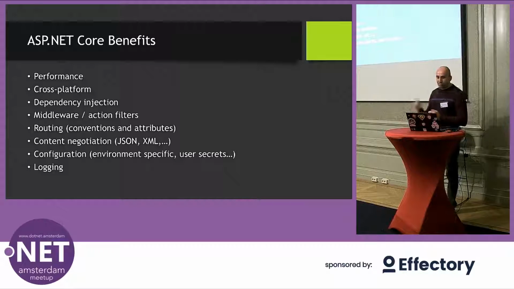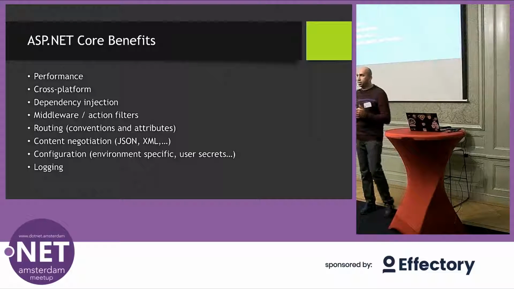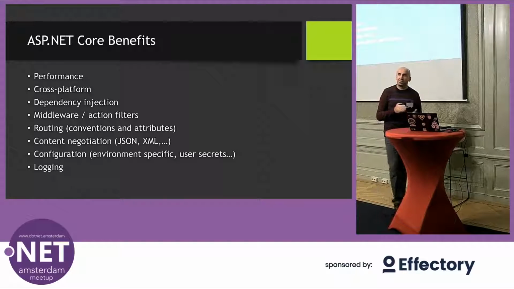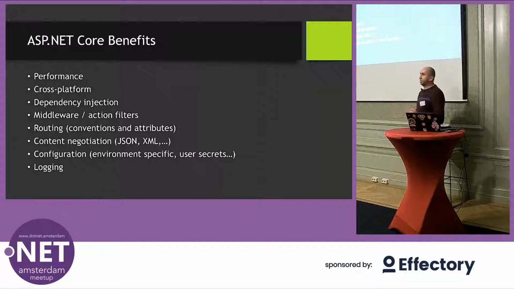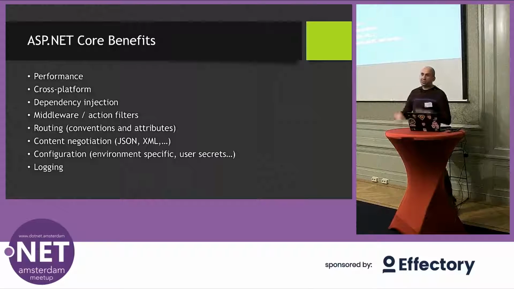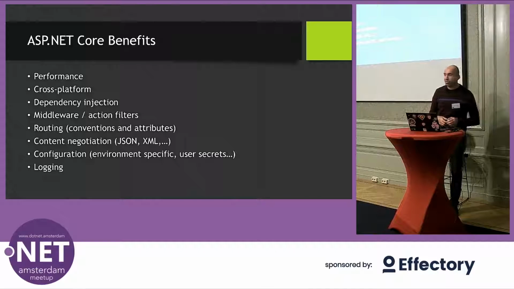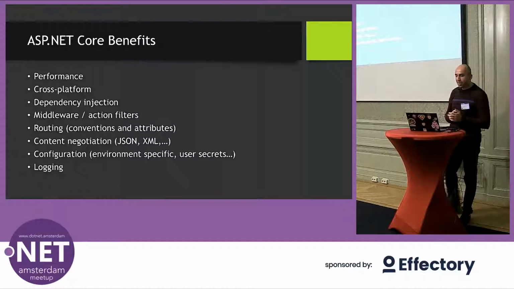So also in this round of Tech Empower benchmark, it's number 6 for Fortunes test. Fortunes is more real-life-like test. So it tests everything, not just plain text response. It tests JSON, output, data access, and stuff like that.